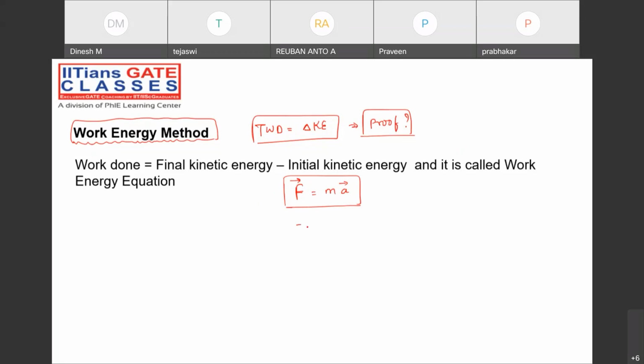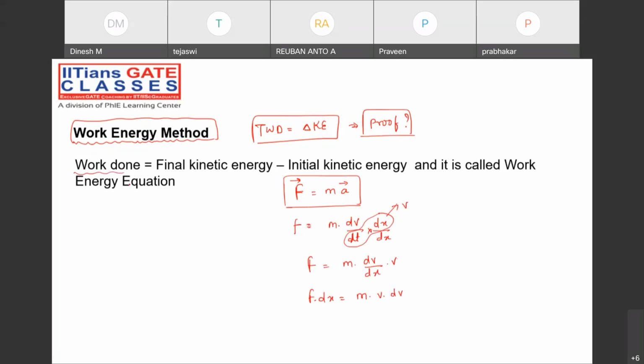I can write this force as m into dv by dt. What I'm doing is multiplying by dx by dx, so that I will get mass into dv by dx, and dx by dt is v. Force into dx is equal to mass into v into dv.